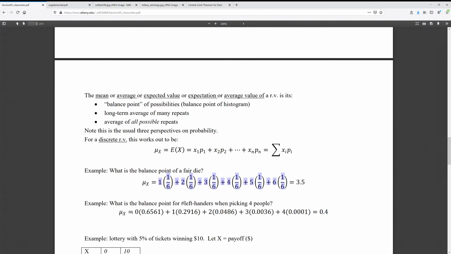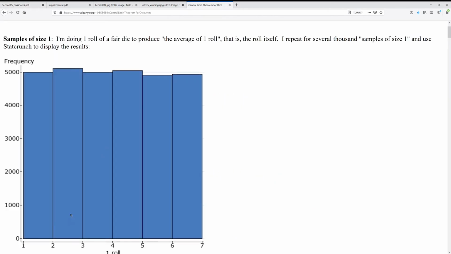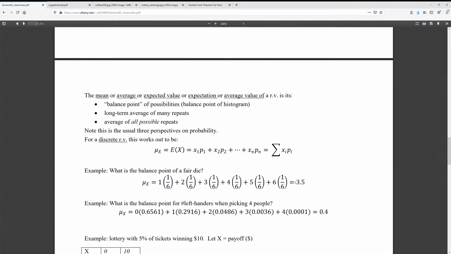And sure enough, it's in the obvious place. It is the physical balance point. 1, 2, 3, 4, 5, 6 bar. Sure enough, it's going to balance dead center between 3 and 4, 3.5. Numerically, it works out to be 3.5. So that is the balance point of a fair die.